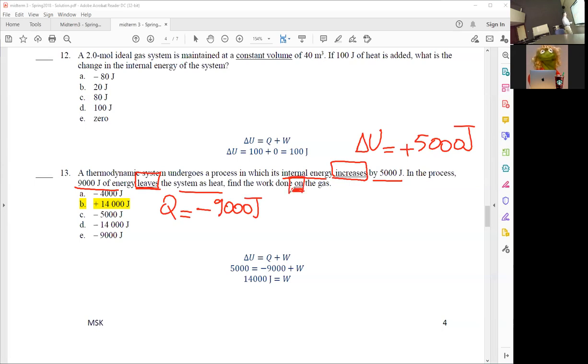In this case, I'm dealing with a thermodynamic system, and I'm using the first law of thermodynamics: delta U equals the heat exchange plus the work done. And in the first law, I'm assuming the work here is work done on the system.